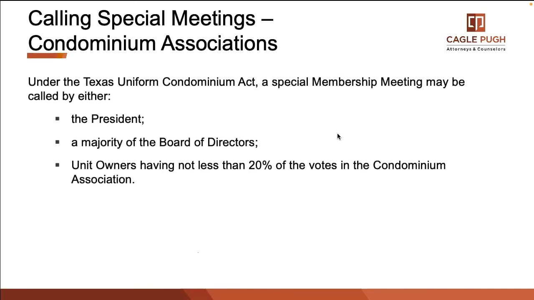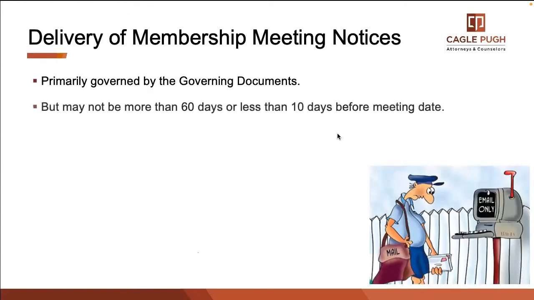Under the Condo Act, it's similar, but a special membership meeting can be called by the president, a majority of the board of directors, or owners with not less than 20% of the votes available to the members.